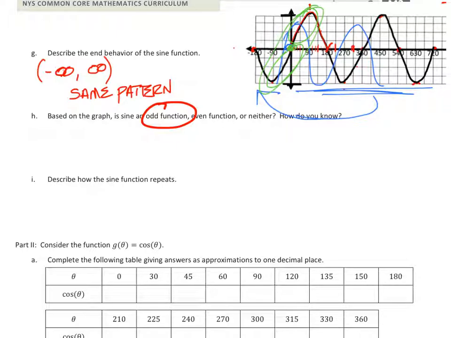That's what I'm using to describe. So how do you describe how this repeats? Every 360 degrees. Yeah, because here to there is one whole thing. Then it starts over again.